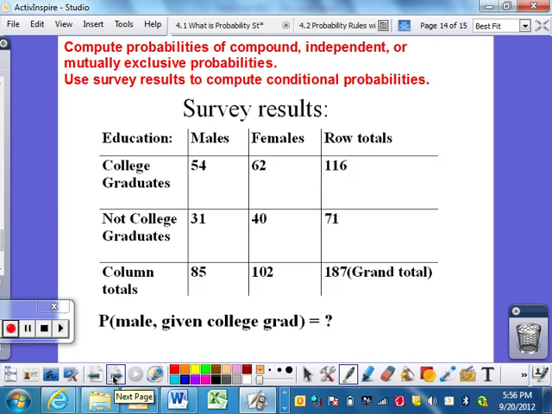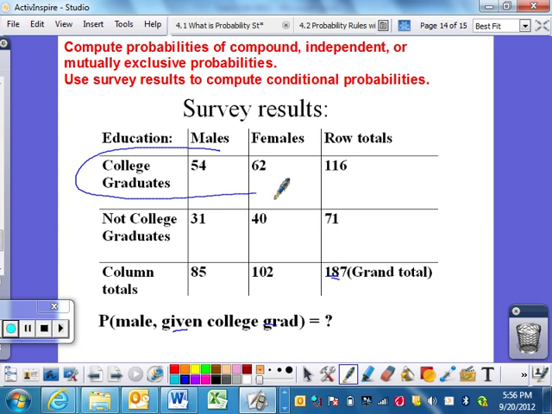Now here's the conditional part. I want to find out what's the probability of being male given you're a college graduate. Now what makes this tricky is you no longer have 187 as your total number. We are given that we're a college graduate. So what are we focusing in on? Only college graduates.